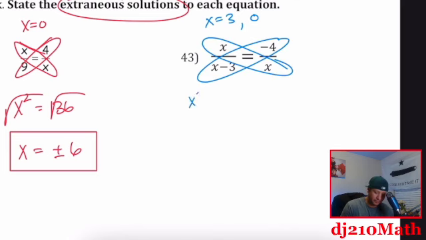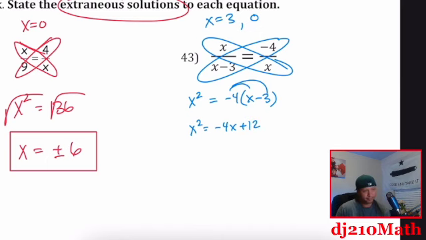So x squared equals negative 4 times x minus 3. So x squared is equal to negative 4x plus 12, right? Because I'm distributing. Then we move everything left. X squared plus 4x minus 12 is equal to 0. Right, I just moved everything to the left.